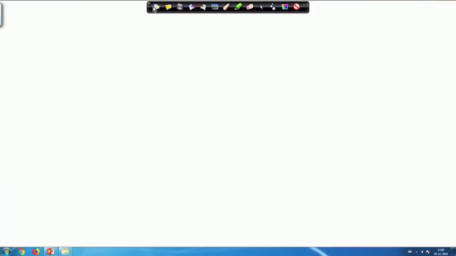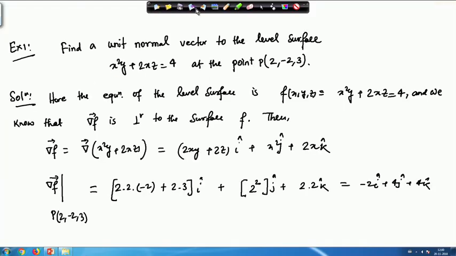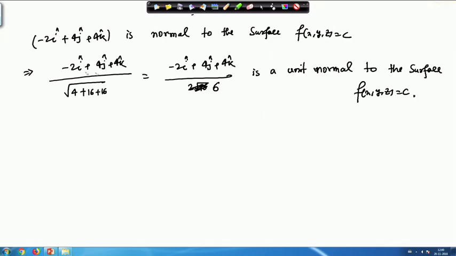In this case it does, and therefore the gradient of f is actually normal to that level surface at the point P, and if you divide it by its magnitude, that's the unit normal. Here I can write it as the gradient of f cap.